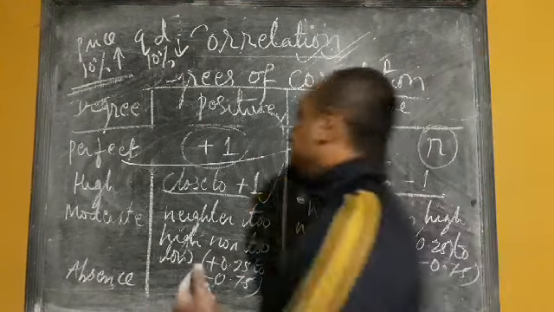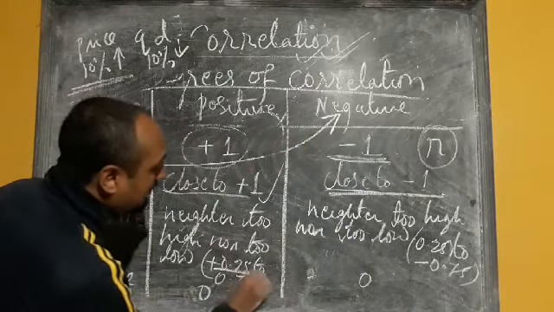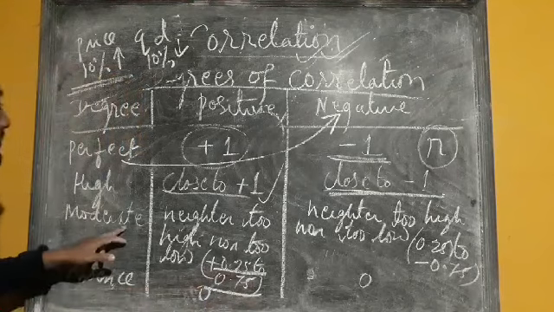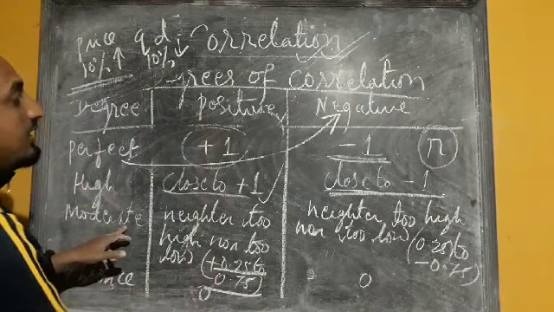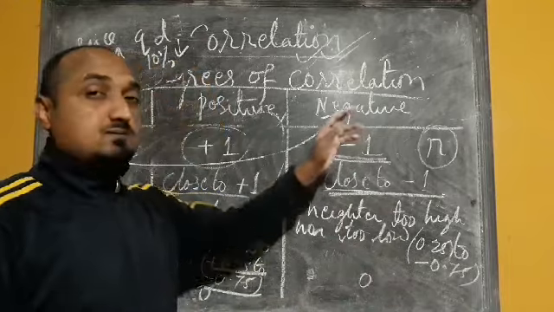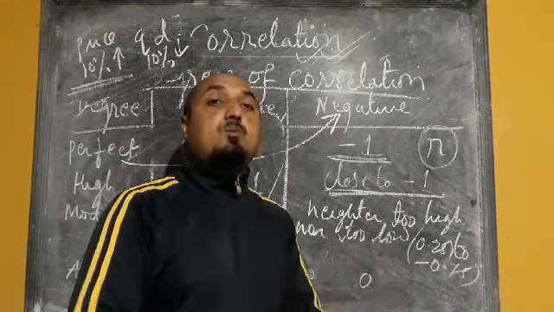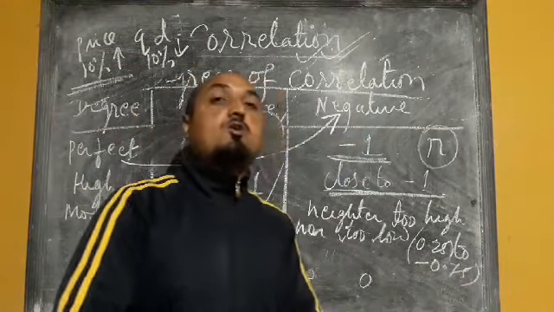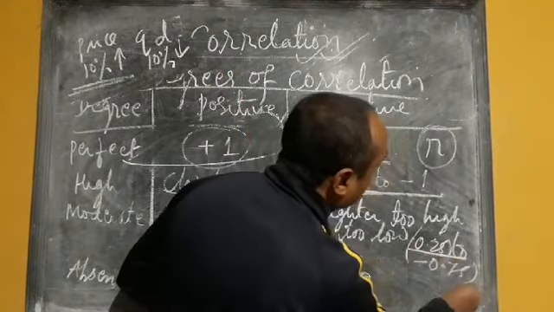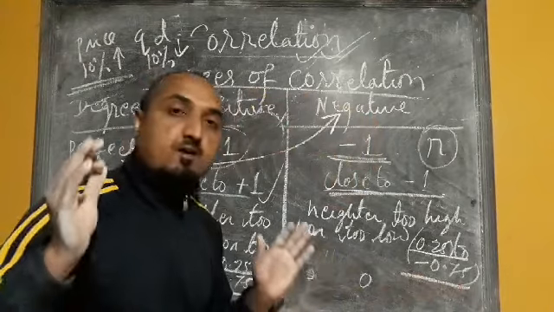That means the r will lie between 0.25 to 0.75. So this is in the case of moderate positive correlation. Similarly, in the case of moderate negative correlation, here also the value of r will be neither too high nor too low. In that case, the value will lie between minus 0.25 to minus 0.75.